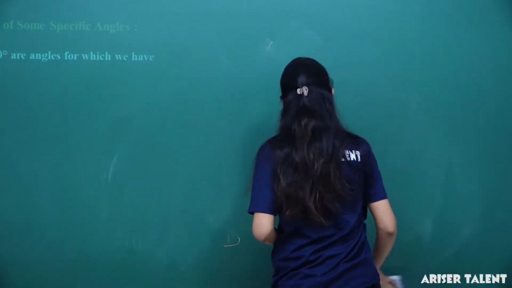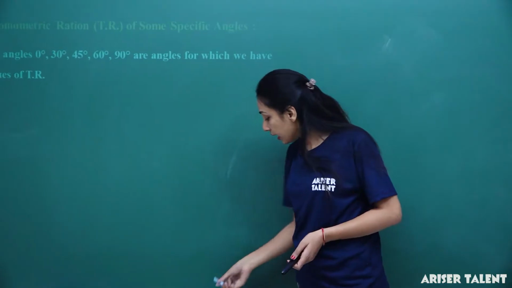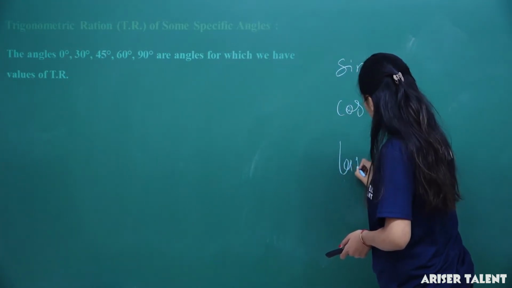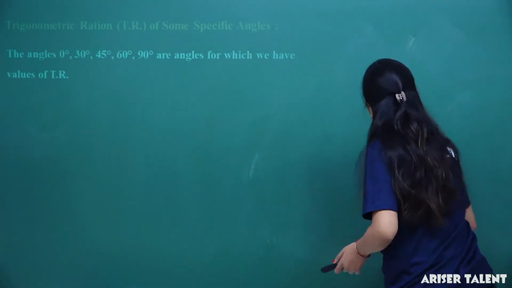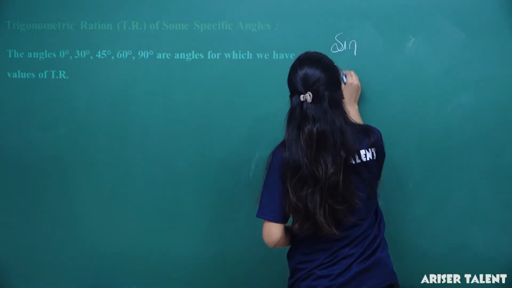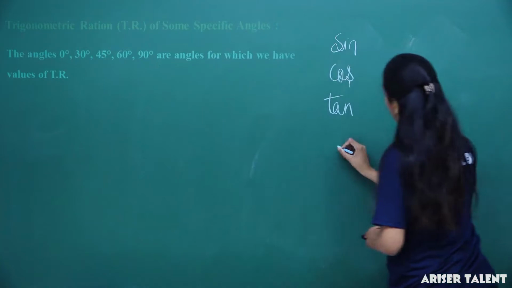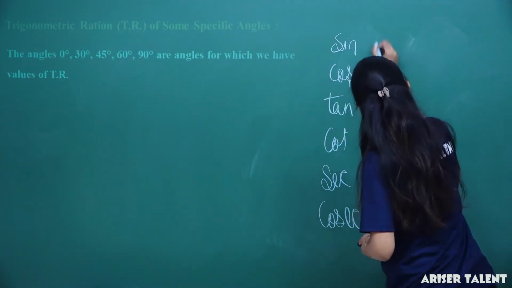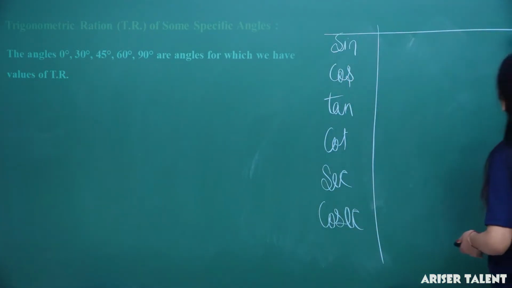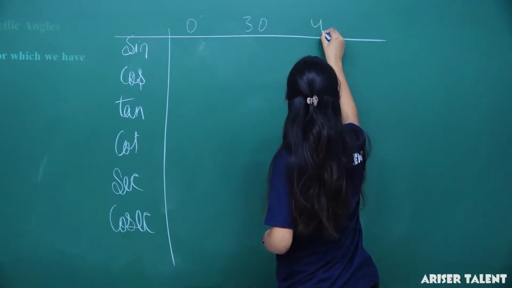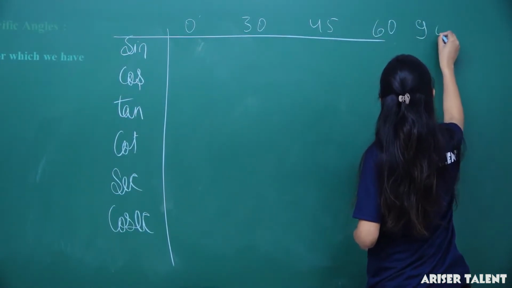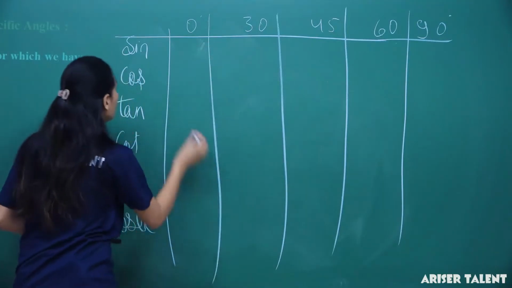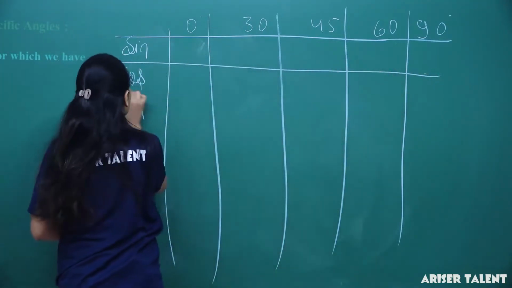These specific angles have particular values that we have talked about, for sin, cos and tan, and we should write the values here of sin, cos, tan, cot, sec, cosec. Now you know how to make this table.